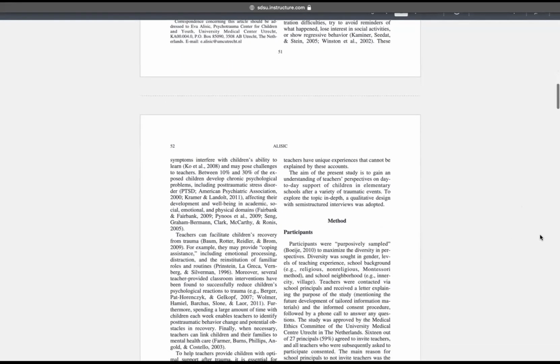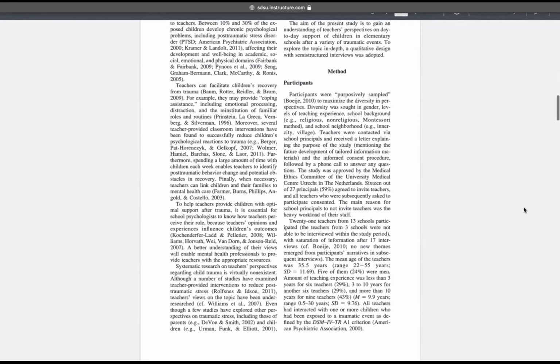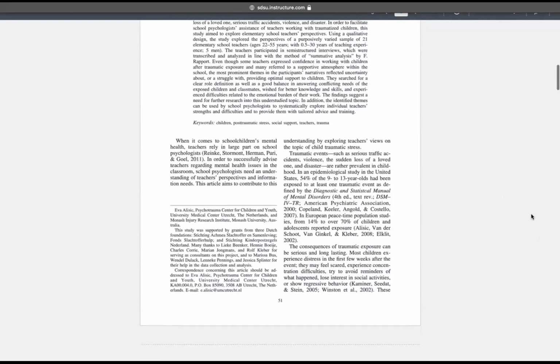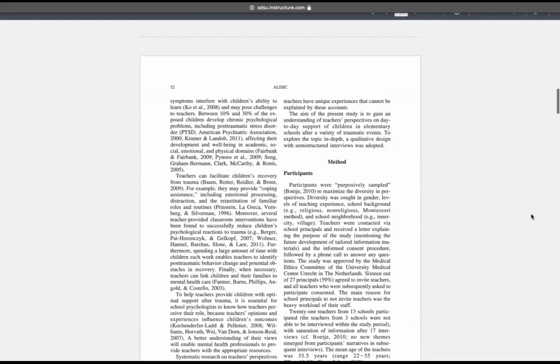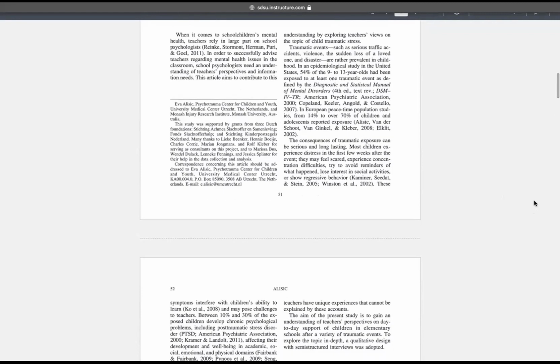So you go through, sometimes they'll have research questions, sometimes they won't. They'll also sometimes have what's called a problem statement. This particular one does include the introduction and literature together. That I would say is not always the case.